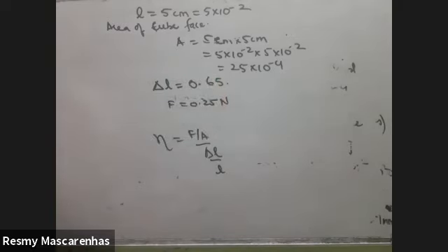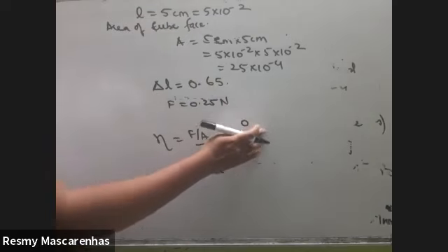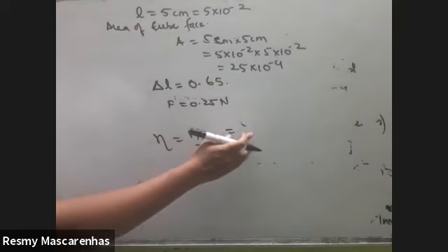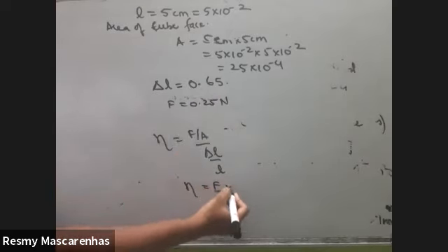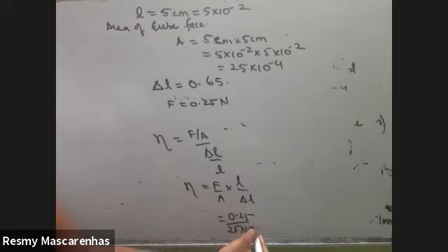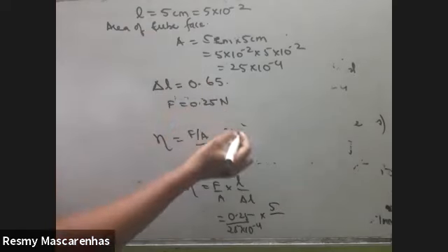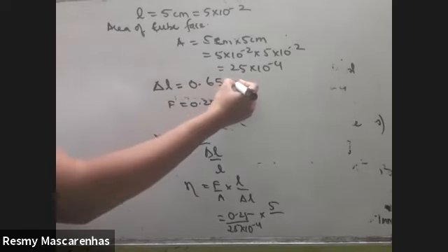Now it will be this formula. Stress upon strain, force upon area, delta L upon L, because now theta is not given. You can write this in reverse, and then substitute all the values. Force is 0.25, area is 25 into 10 raised to minus 4, length is 5, and delta L, change in length, is, just check the unit, 0.65 centimeter. Again, this also will be in terms of meters.